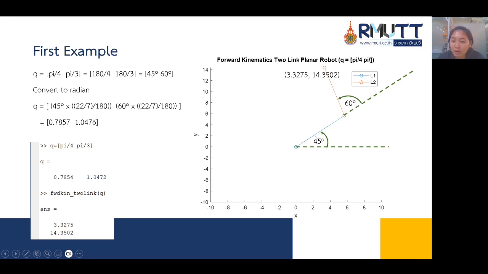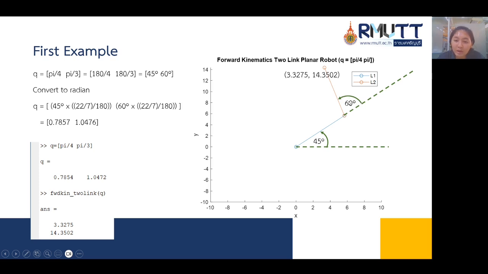The joint angle of the first link is 45 degrees, in radians 0.7857. And for the second link, the joint angle is 60 degrees. The orientation is from the first link.